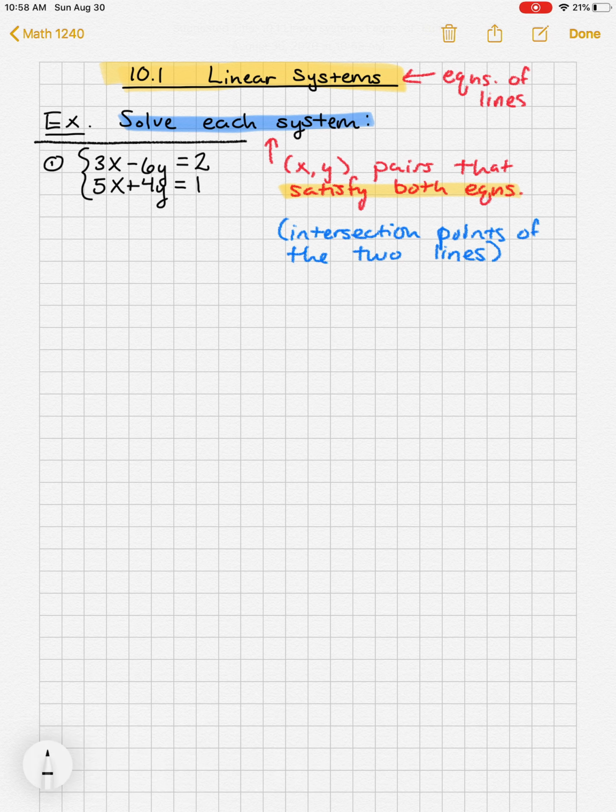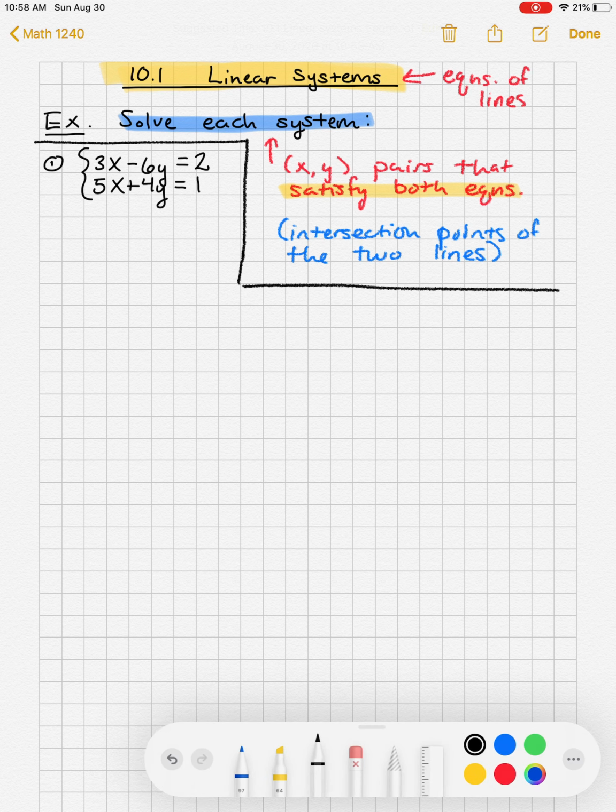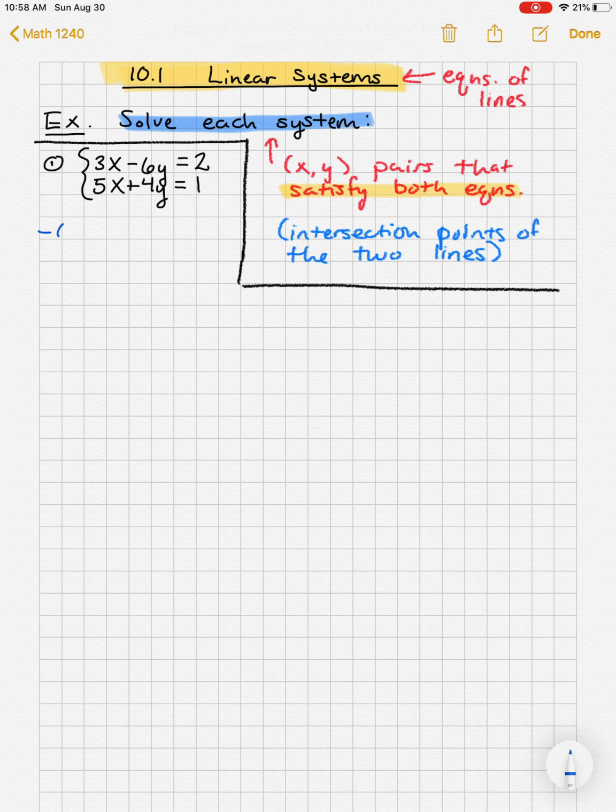So I don't know. Let's look at this particular system. What is one thing I could do? I guess I could solve each equation for y. Let me look at that top one for a second. Divide by -6.